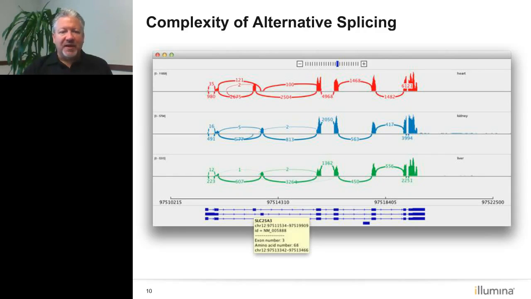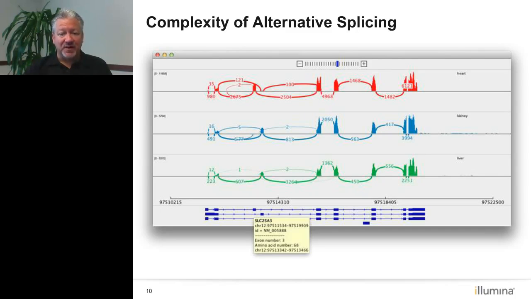The human genome only has 20,000 genes, basically 20 to 22,000 genes, but it's believed that there are upwards of 500,000 different types of isoforms of transcripts that can be derived from those genes, and that's due to alternative splicing, which can be seen explicitly in RNA-Seq and can be counted in terms of the isoforms.